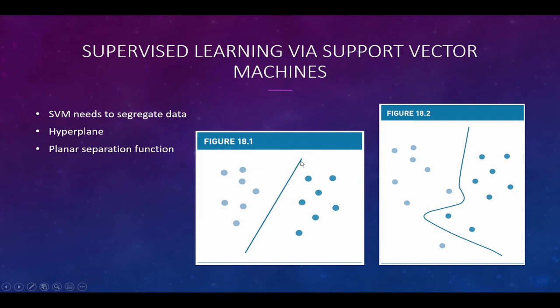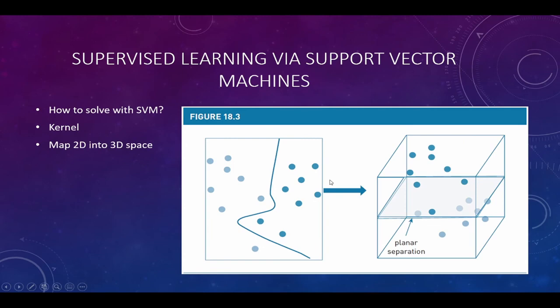Your SVM is going to create what's called a hyperplane, and that's represented by these lines here in these two figures. You can see a very clean divide here. It's a very straight line here. Not so much here, a little bit messier, right? This is going to separate your data set into planes. This is all two-dimensional, but let's take a look at a 3D model of it.